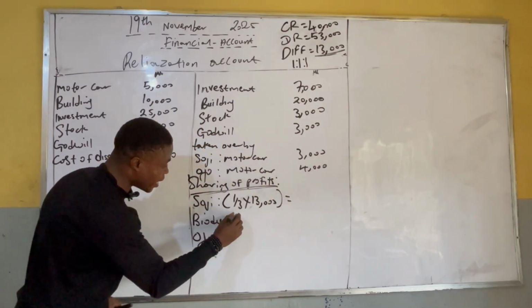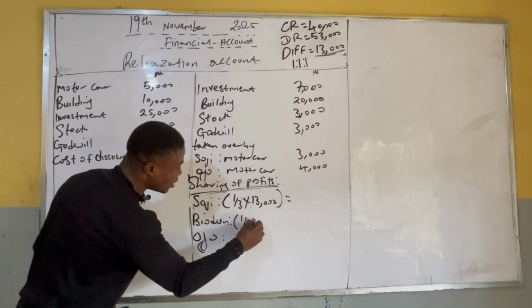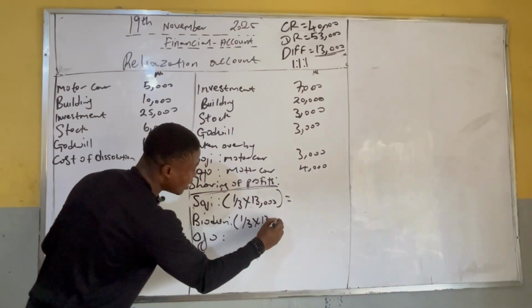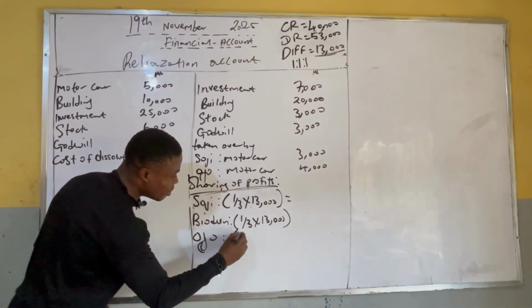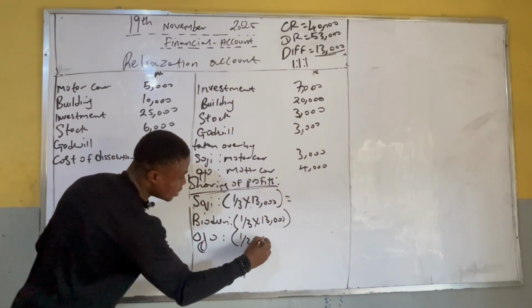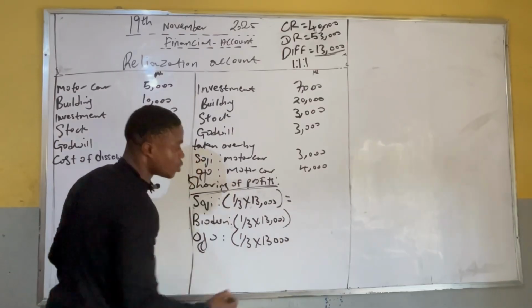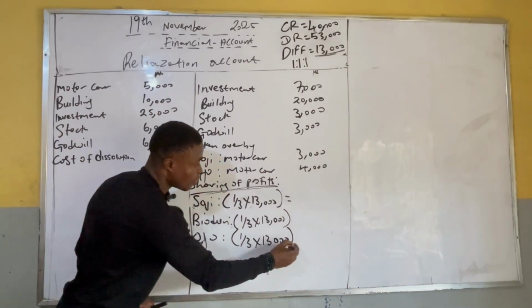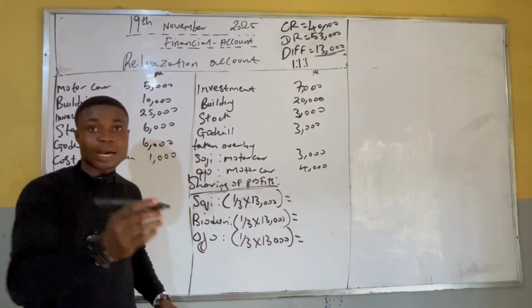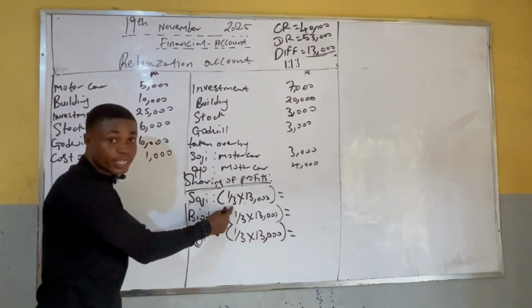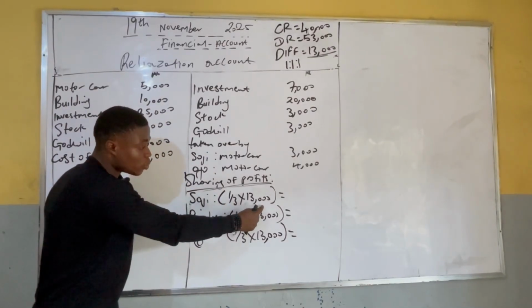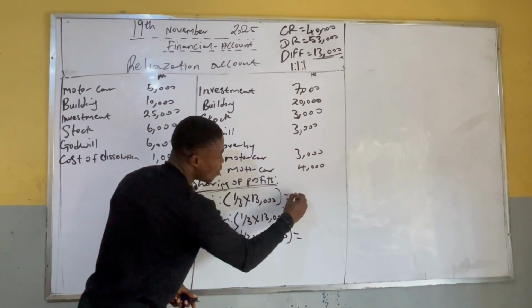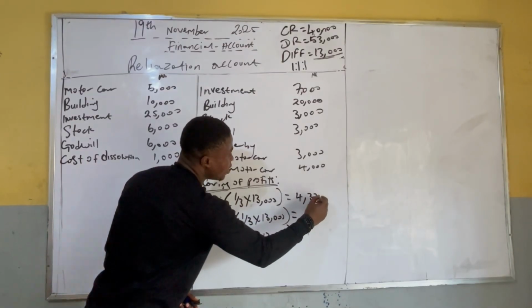The same thing applies here: 1 over 3 times 13,000. The same thing here, times 13,000. Okay? Please, let's work out 1 over 3 times 13,000. That is 4,333.